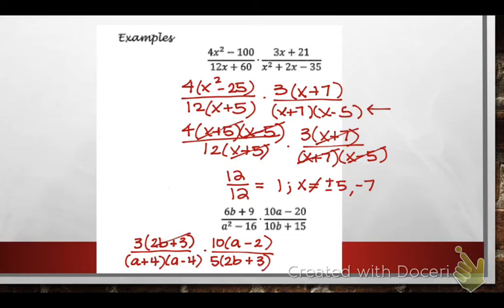So again, cancel anything that we have top and bottom. 3 times 10 is 30, and we have an a minus 2 that didn't cancel, and then we have a plus 4, a minus 4, and then we also have a 5 there. So 30 divided by 5 is going to be equal to 6.